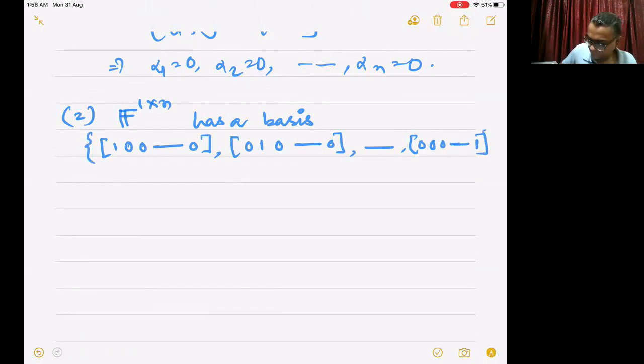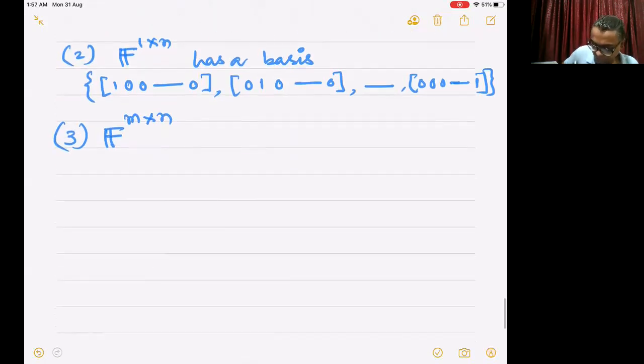This is a basis for the space of rows, the vector space given by rows of numbers coming from F. You can go ahead and check the space of Fm cross n has a basis of the form of these matrices.